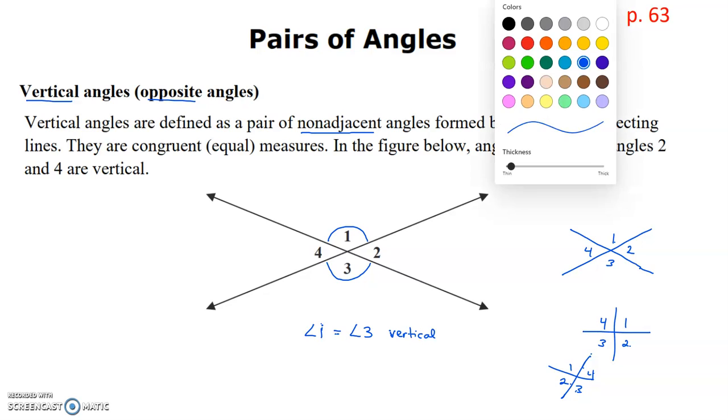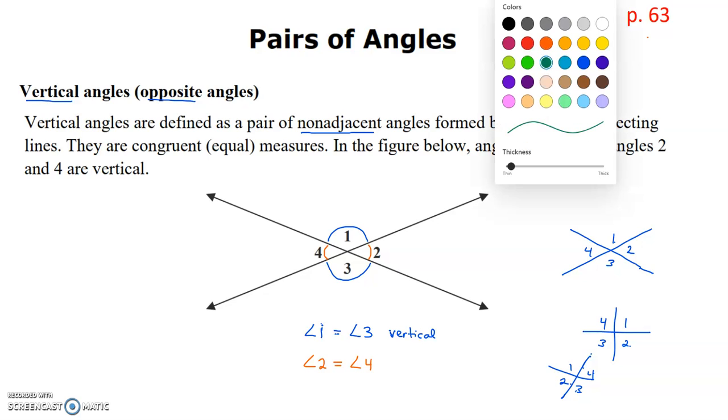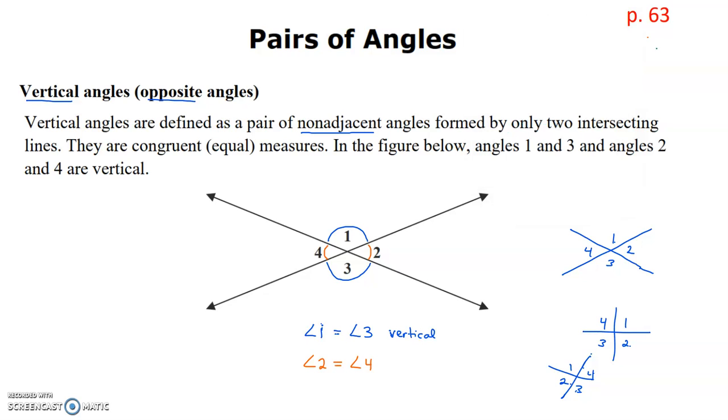So if angle 1 and 3 are the same, if they're vertical angles, then it stands to reason that angle 2 and 4 are the same. And those are also opposite. So they are vertical angles. So angle 2 is equal to angle 4. So those are vertical angles as well. But it's also really important to note that adjacent angles form 180 degrees.